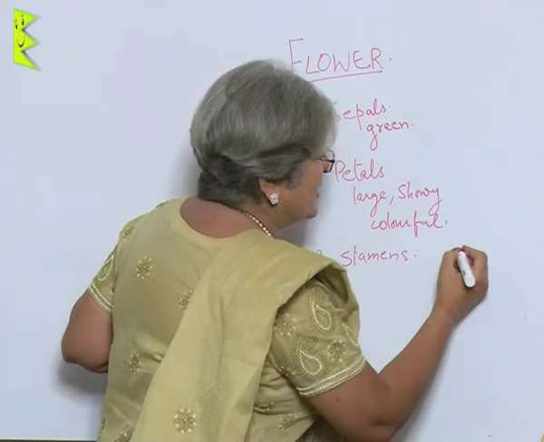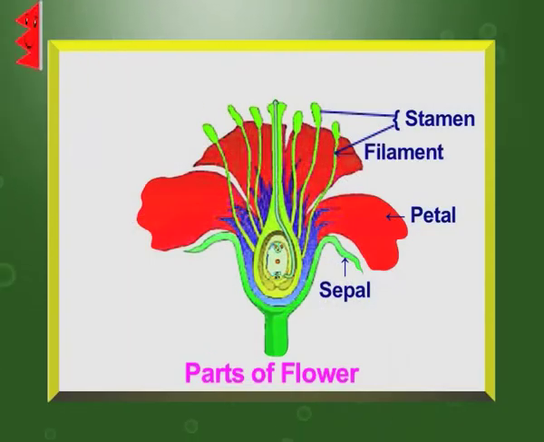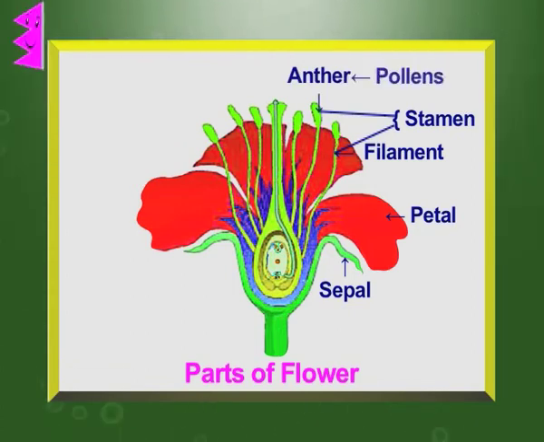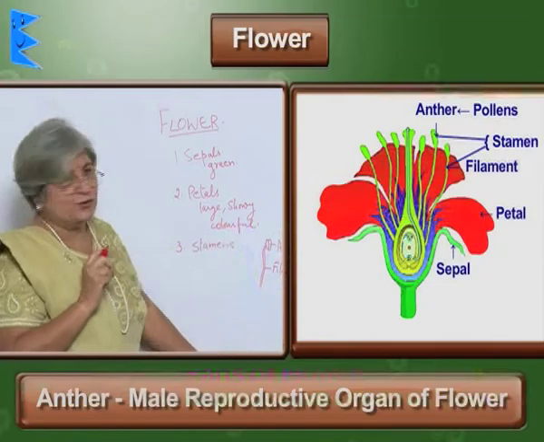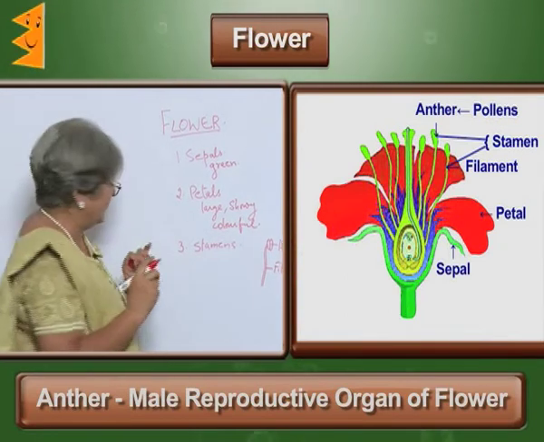It has a thread-like structure, the filament, and the bilobed anther. Inside the anther there are pollens. The pollens contain the male gamete. So we can say anthers are the male reproductive organ.